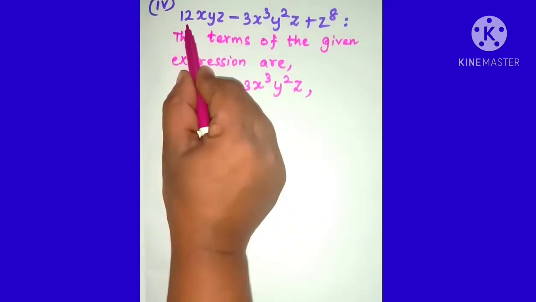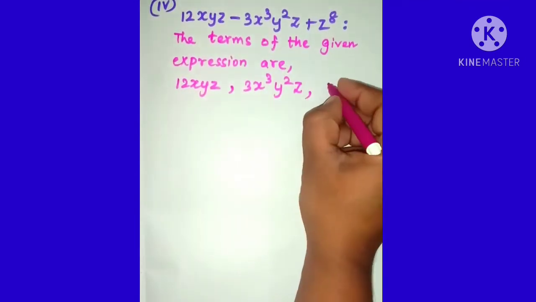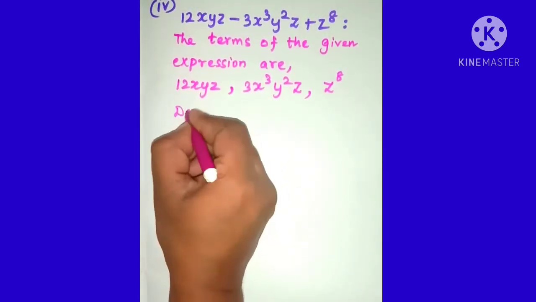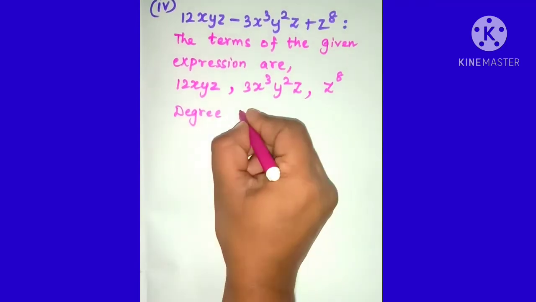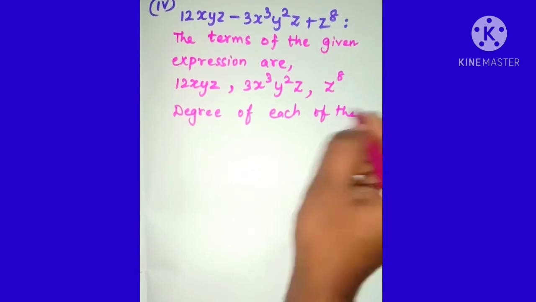So the terms are 12xyz, 3x cube y squared z, and the last one is z power 8. And the next step is the degree of each of the terms.